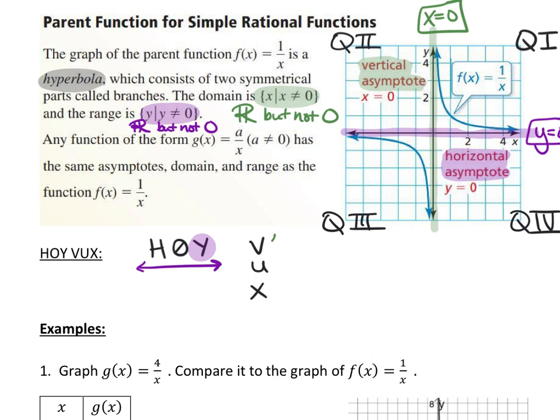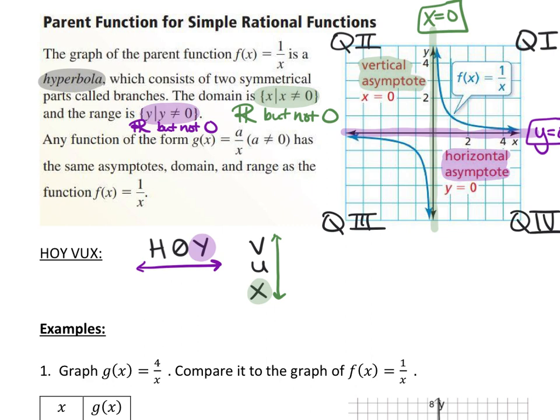But for our VUX lines, the ones that go up and down, what does the V stand for? Vertical. Do we remember the U? Undefined. Very good. Up and down lines have an undefined slope, and their equations start with what? X. If you can remember HOI-VUX, the y and the x, then you will not miss one of the questions that asks you to write the equation for the asymptotes.